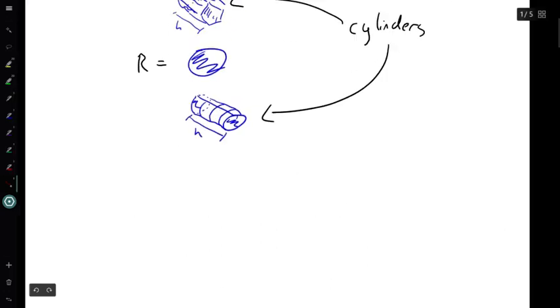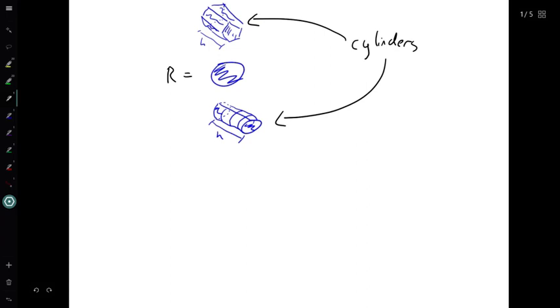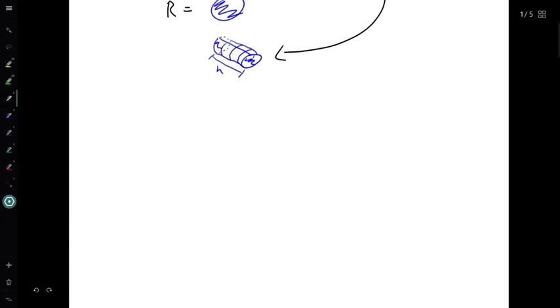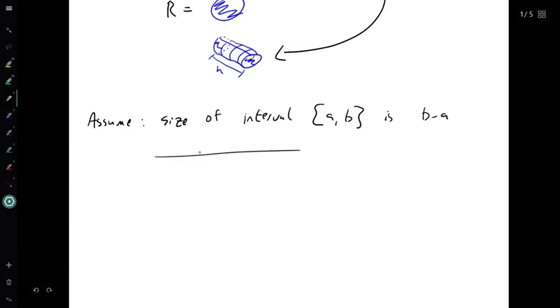There's kind of an analogy here. Let's start with the assumption that the size of an interval [a, b] should be b minus a. In other words, this is the length of the interval.